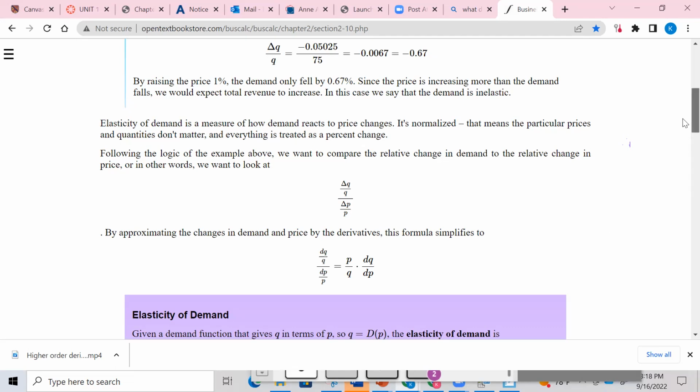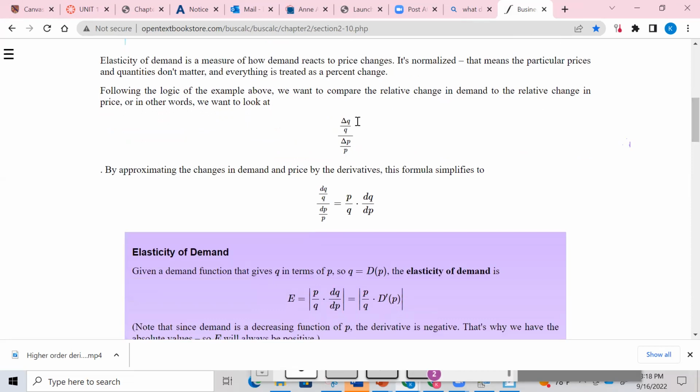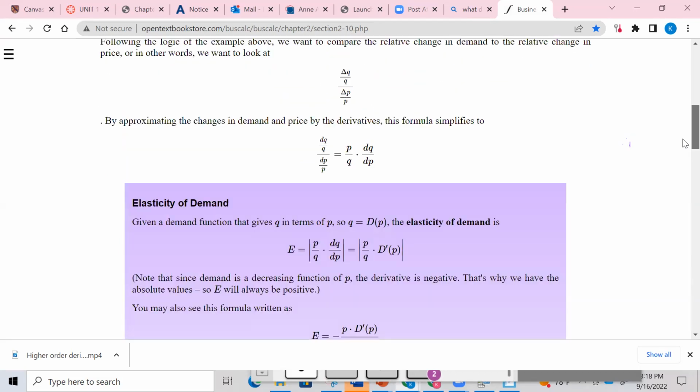Putting that in terms of derivatives, we would have dq over q and dp over p. If we simplify that, we get p over q times dq over dp, which is the derivative of the demand function with respect to the price. And that is our formula for the elasticity of demand.